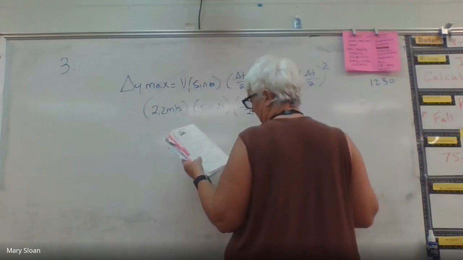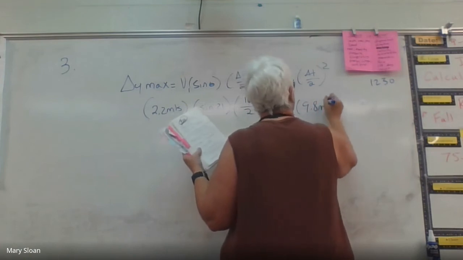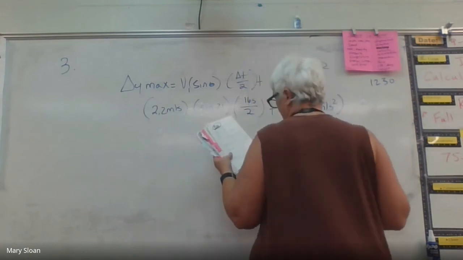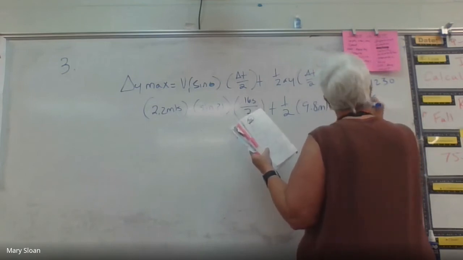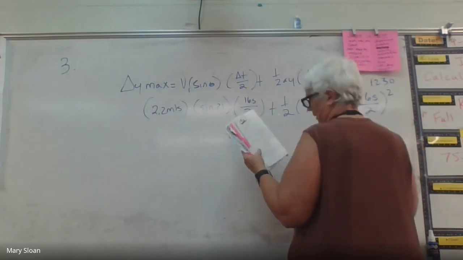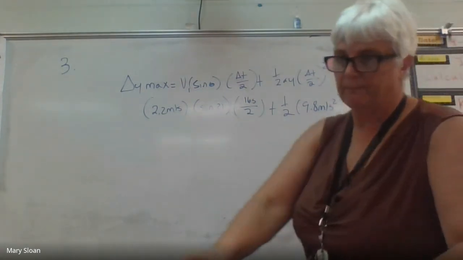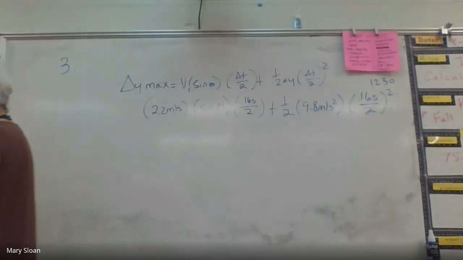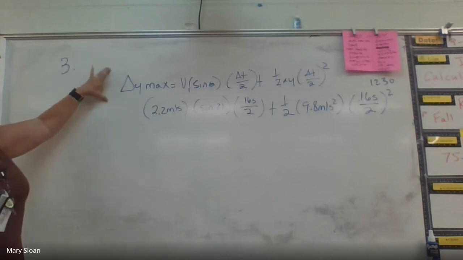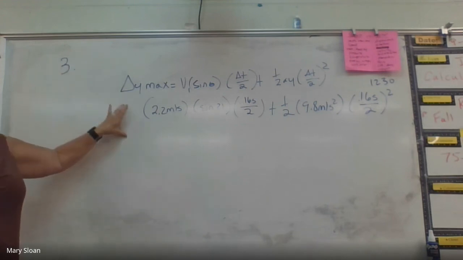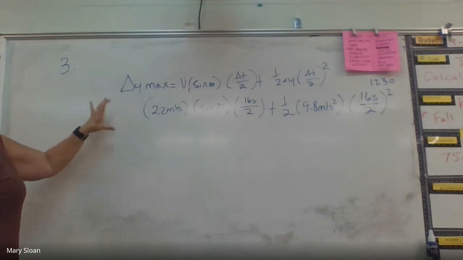Our a_y was gravity. Our change in t was 0.16 seconds again. Now the question that I have for you, if I gave you this, could you do this? I'm giving you this on the test. You got to do this.